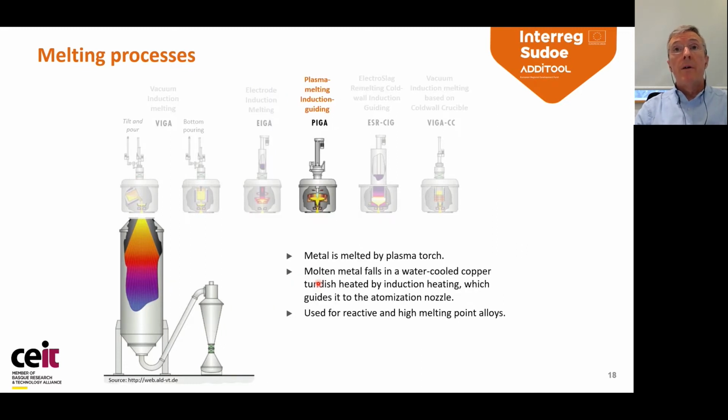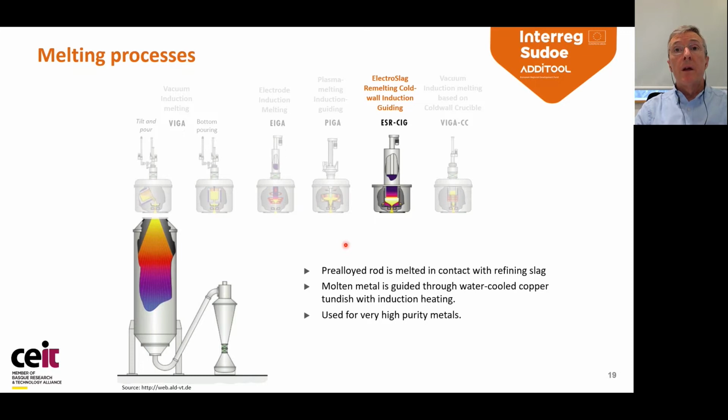And there are three others which are very specific: plasma melting induction guiding. In this case, you use plasma, and then you collect the liquid in a sort of water-cooled copper tundish, which is also heated by induction heating. So it's very, very specific. And it's also crucible-free.